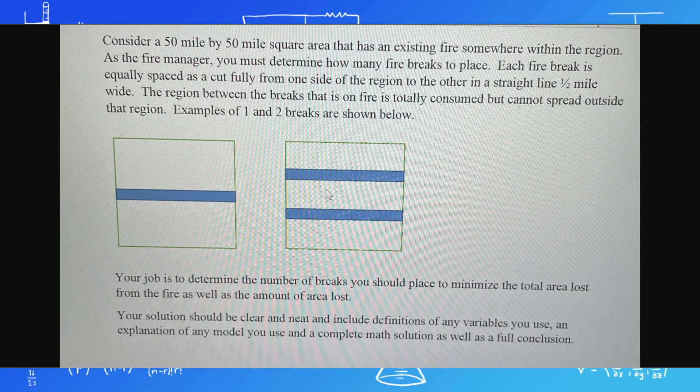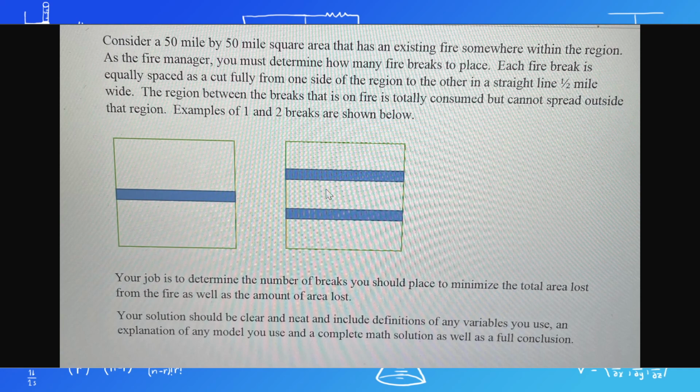If they had them in a sort of plus formation, isn't the right word, but you know what I mean. If they had these things crisscrossing, then that would have been a more optimal solution, but they didn't go for that.